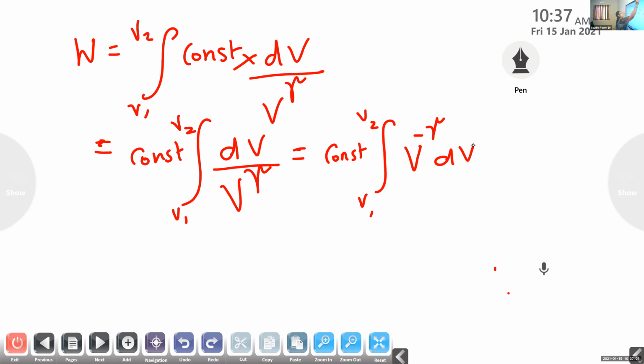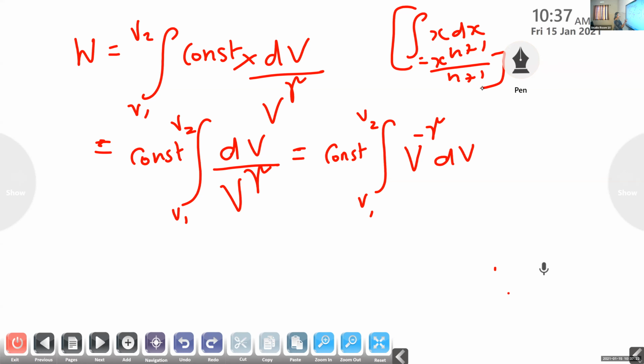Now you are getting a standard equation. I have taught you integration of x to the n dx is equal to x raised to n plus 1 divided by n plus 1. This is the standard equation we use for some chapters. Same method we are going to use.